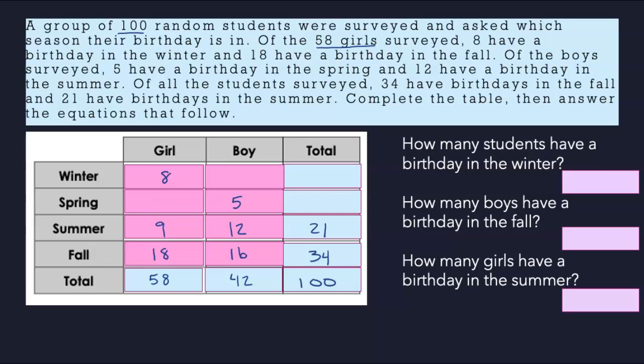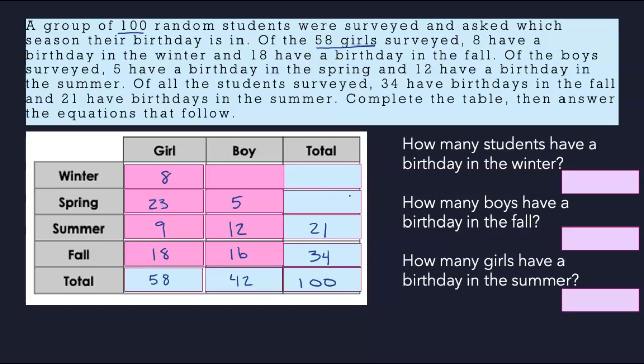So that means that if I take the 58 and subtract the 18, the 9, and the 8, I would find the spring. So let's do that. I'm going to take that 58. I'm going to subtract out all the information I've been given. And it leaves me with 23 girls having a birthday in the spring.